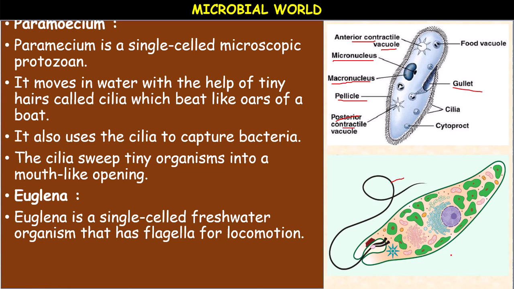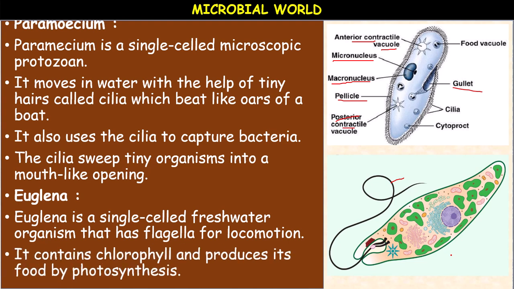It possesses chloroplasts. It synthesizes its own food. The animal characteristic features are the flagellum and the contractile vacuole. It is also a freshwater protozoan. Next, it contains chlorophyll and produces its food by photosynthesis.